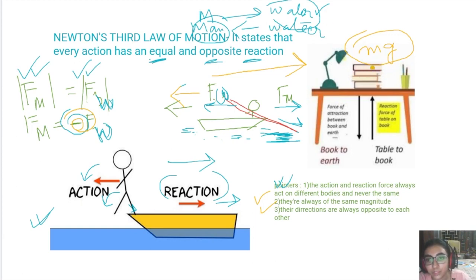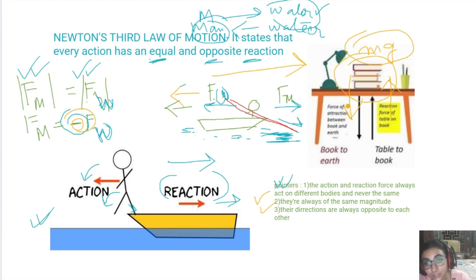Okay, so it is being exerted vertically downwards, obviously, because gravity is in the downward direction. Then there is the reaction force of the table on the book. So obviously when the books are giving an action or a force on the table, the table will also give an equal and opposite reaction to the books, as a result of which the table and the book remain static, they will not move.